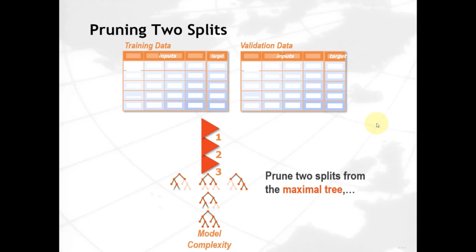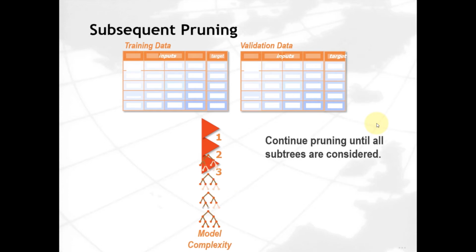You have 3 possibilities. Each time it will start from the maximal tree. It will exhaust all the paths. So in this case, there are only 3 possibilities by going from the maximal tree. And then again, SAS will calculate the performance and retain the best one and move on to the next pruning job. So the more you go up, the more possibilities there are, and SAS will always exhaust all the possibilities for you.